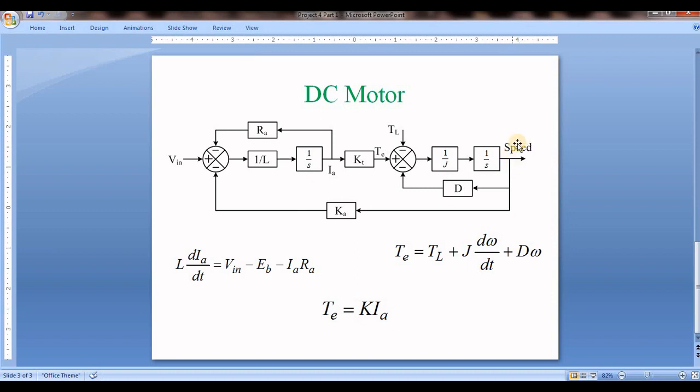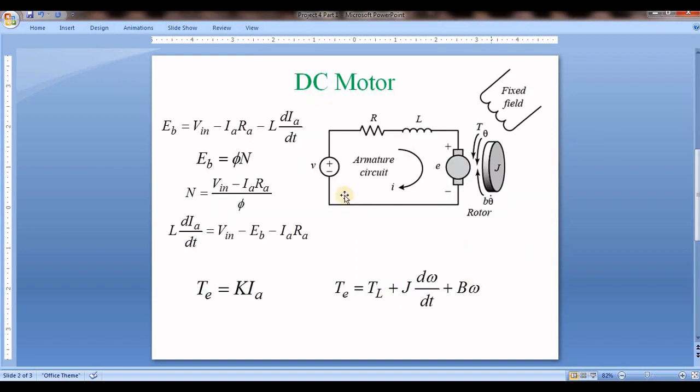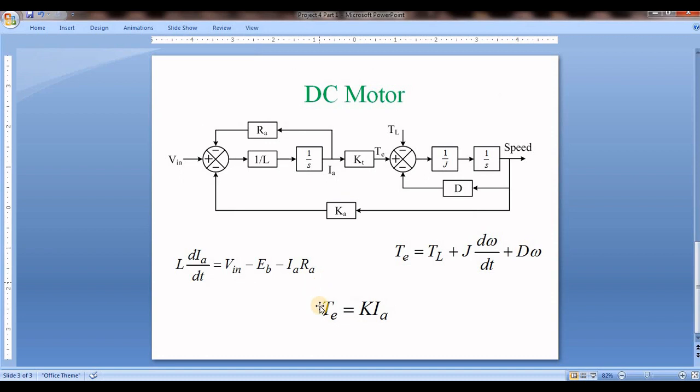But keep in mind, this speed is in RPS, not RPM. And these complete equations depend on n in RPM. But this is the phi and this is the K constant. Both are different factors, but having some common coefficients.